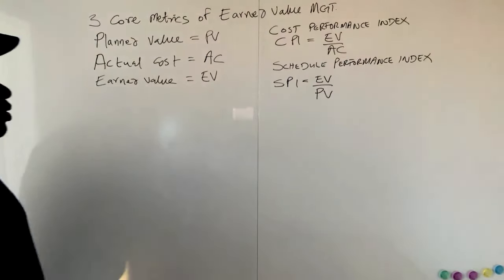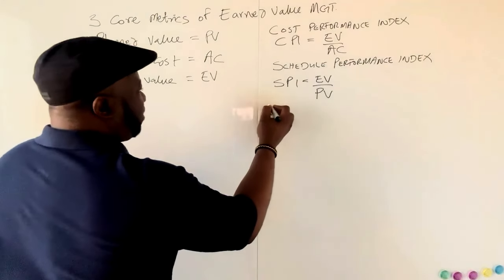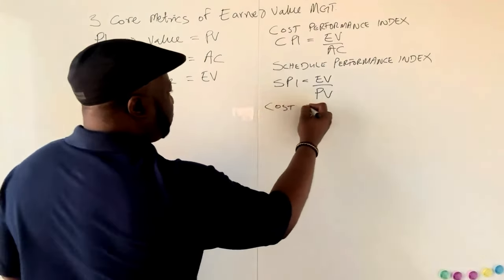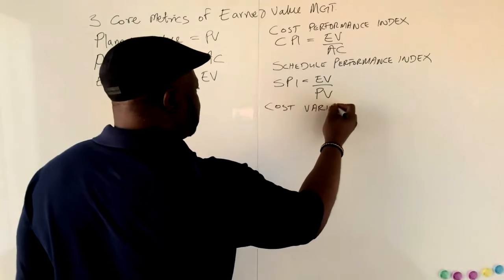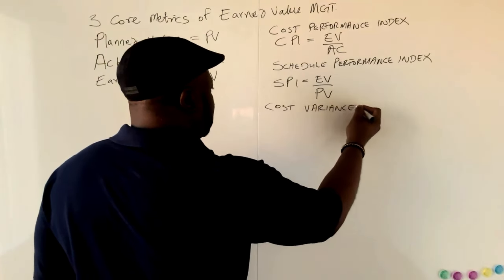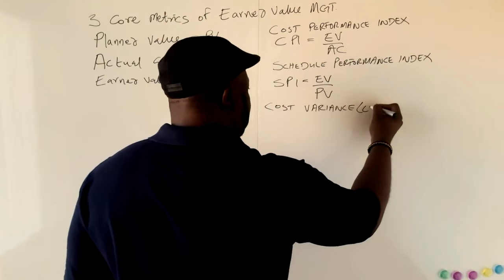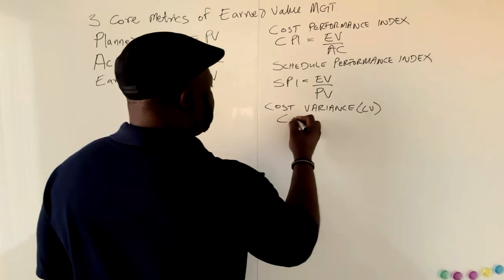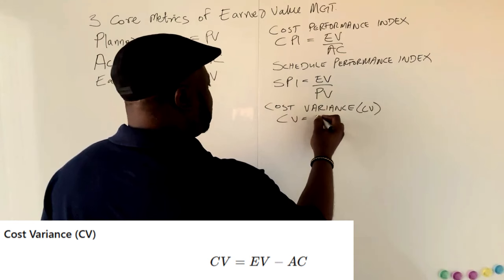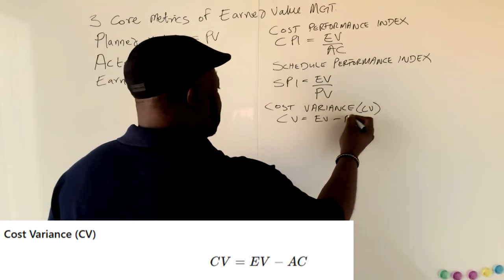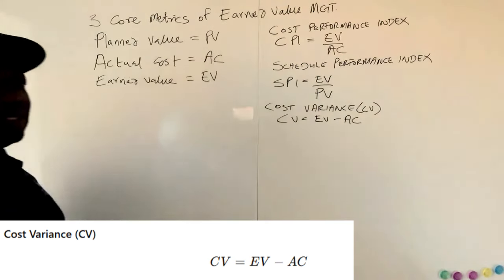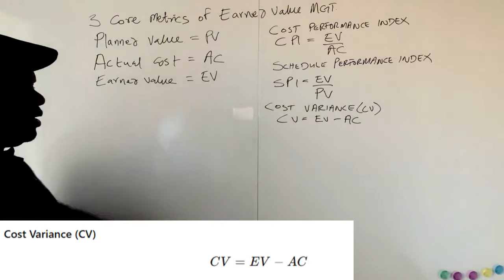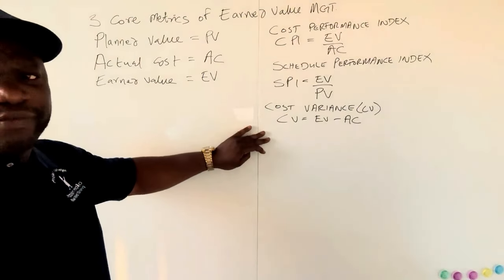We have a couple more derivative metrics, and we have cost variance. Cost variance, CV, right? CV is equal to earned value minus actual cost. And the final one is schedule variance.